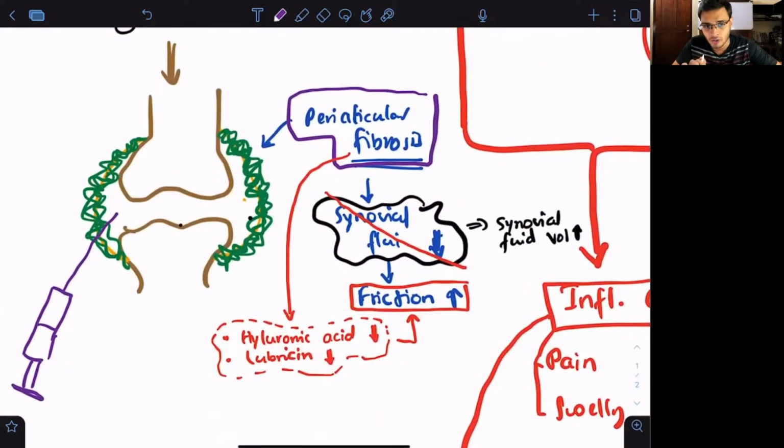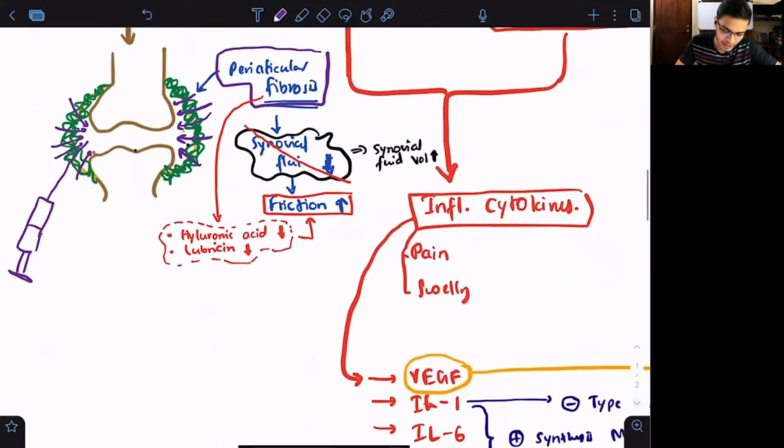So although the hyaluronic acid and lubricin production is reduced, at the same time a lot of inflammatory infiltrate, especially this transudative fluid, starts coming in due to this inflammation. So overall, when you aspirate from the joint, what do we see, guys?